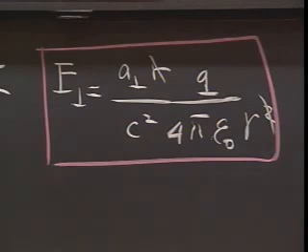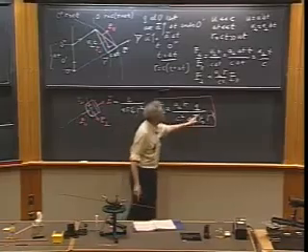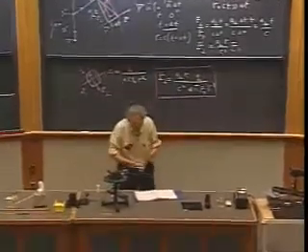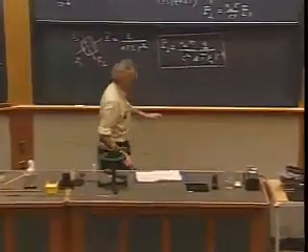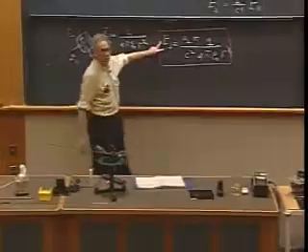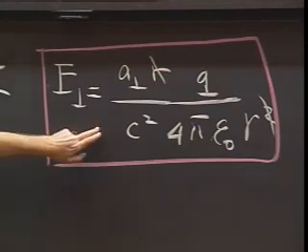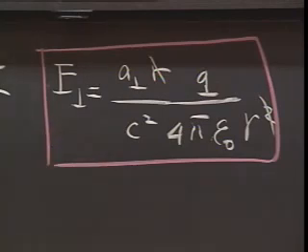It is inversely proportional to R. I will come back to that. That is a natural consequence of the conservation of energy. And this field is very different from static electric fields, which fall off as 1 over R squared. This is a traveling wave which has an E field that falls off as 1 over R, not as 1 over R squared.